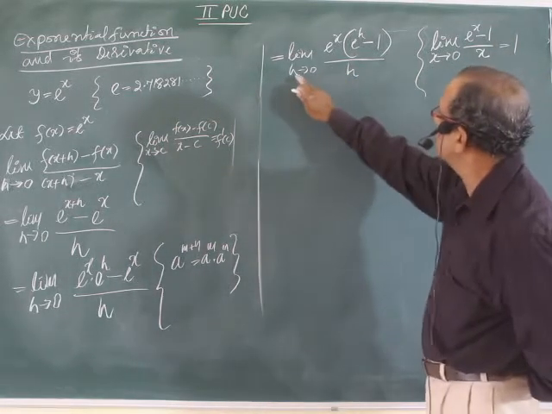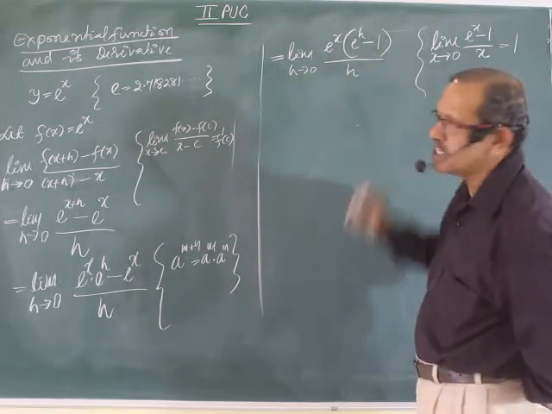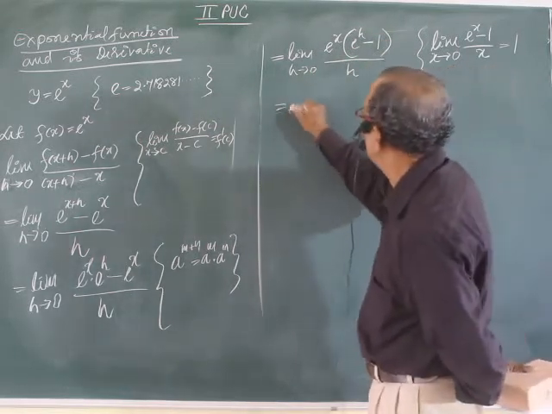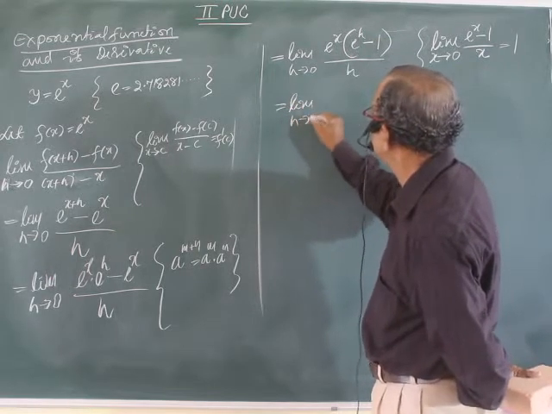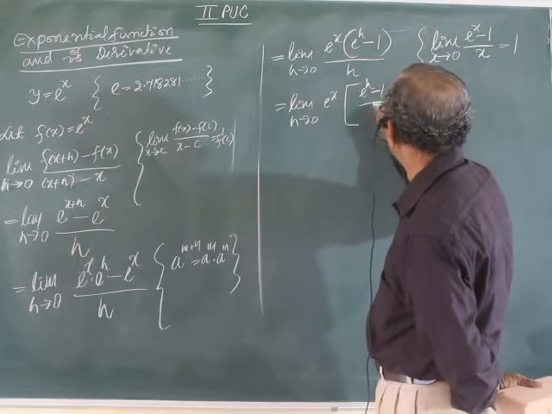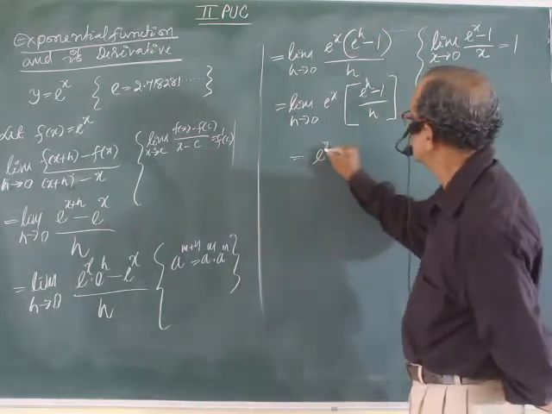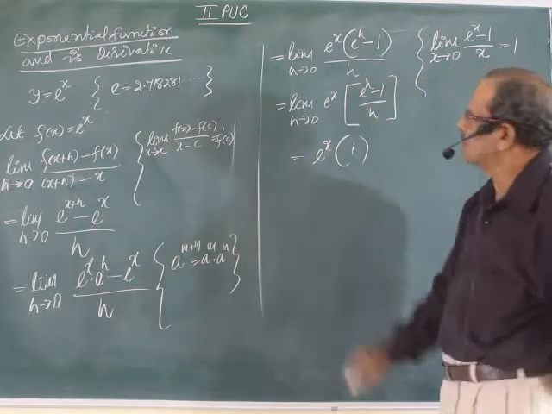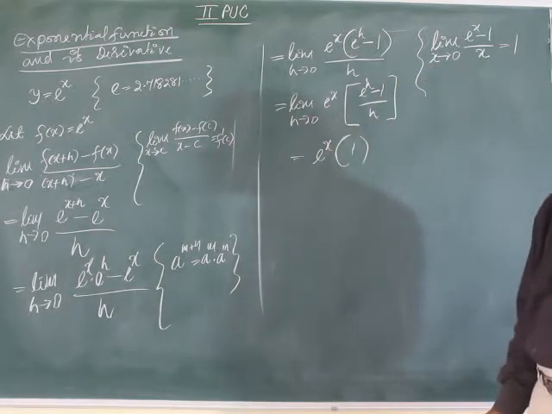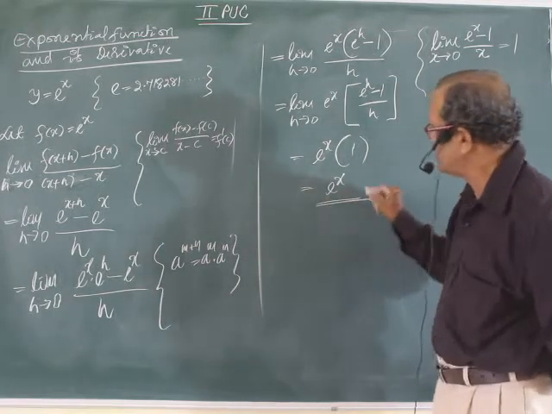Here is the same type, h tending to 0, e to the power h minus 1 by h. So it is 1. Let me write once again, e to the power x, this one together, so that you can say it is equal to 1 in the next step. Answer is e to the power x into 1, or e to the power x itself is the answer.